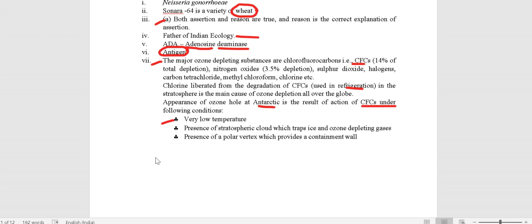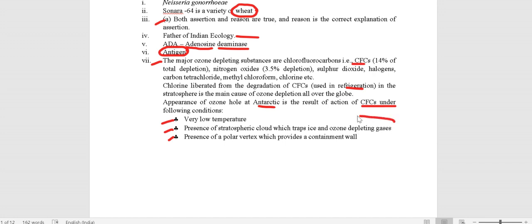As you all know, Antarctica is a polar part of the earth and a very cold area, so very low temperature is one condition. Second, presence of stratospheric clouds which trap ice and ozone depleting gases, and presence of a polar vortex which provides a containment wall. So this is the answer of question number 7.